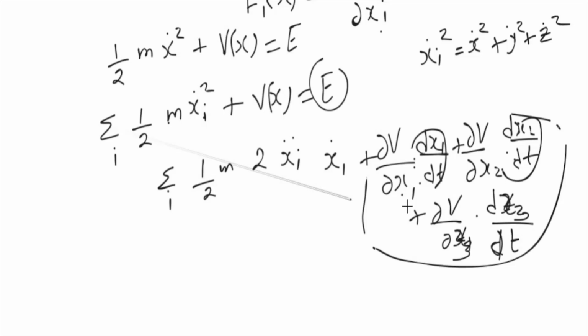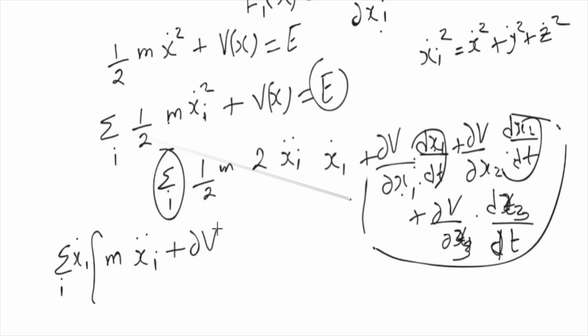Now, what is the result of this equation? We can use i notation here as a sum. We can take the summation over i out, and here also you can write xi dot. So you can write it as the summation over i of m xi double dot plus del V upon del xi, with xi dot taken out.